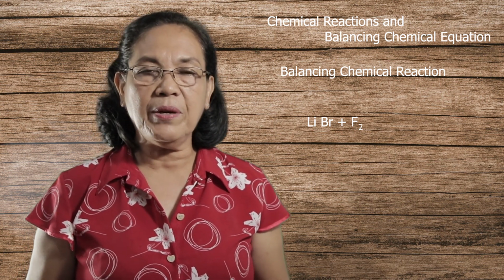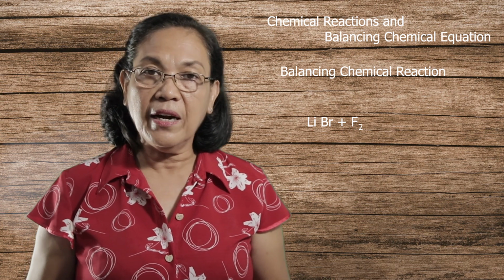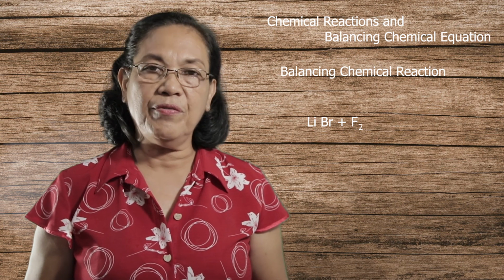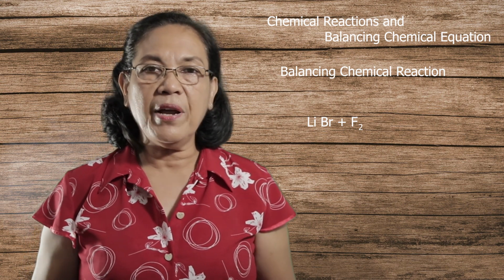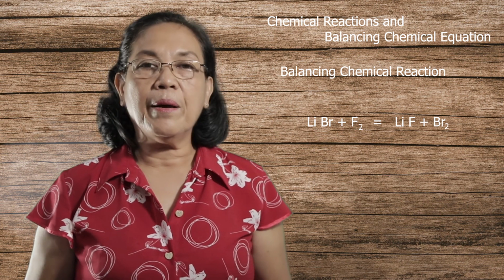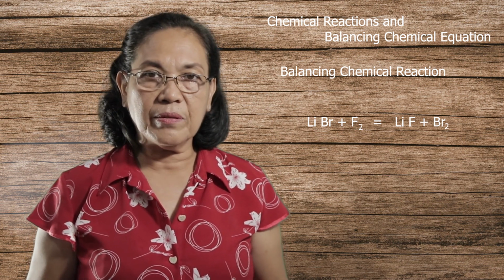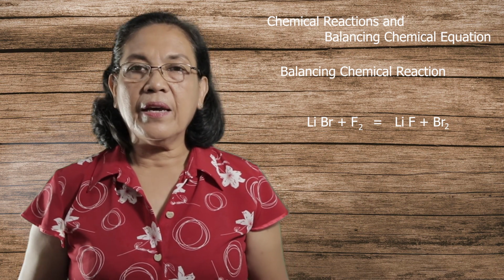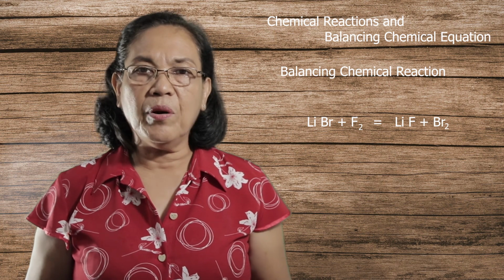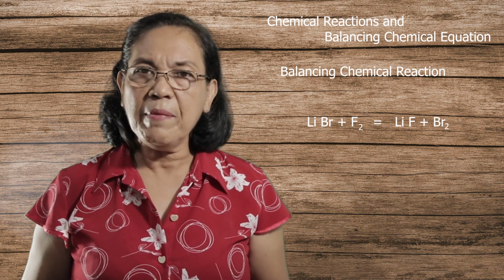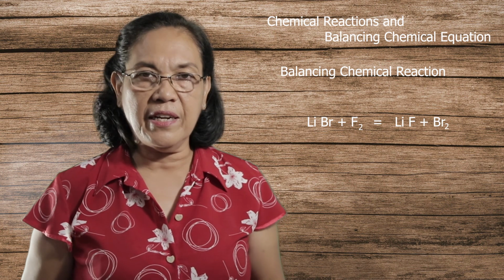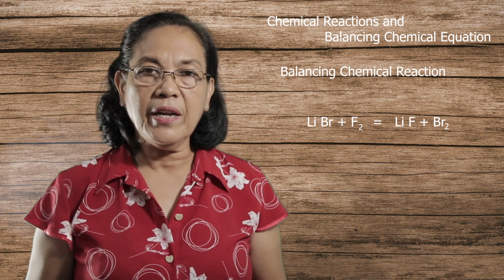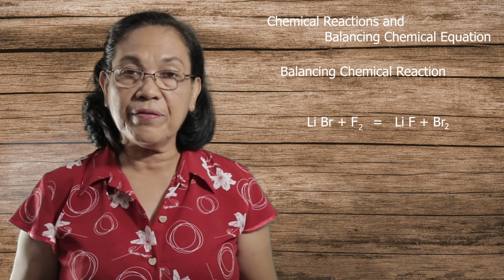So the reaction will look like this: LiBr for lithium bromide plus F2 for fluorine will form the products LiF plus Br2. So how do you balance this reaction? Look for the most complex part. Seemingly, the most complex part here is the LiBr, or it may be LiF.